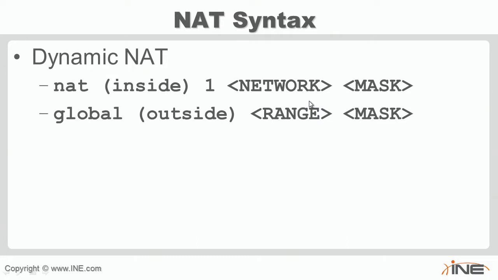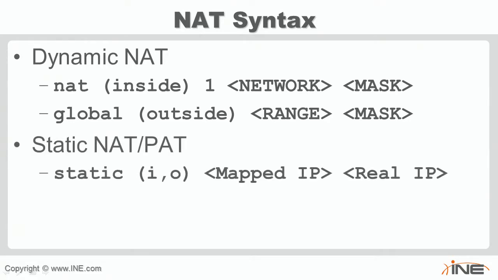Now for the static translation, the syntax can be a little bit confusing here, because we say we want to do a static translation from the source to the destination, followed by the public address or the mapped address to the real address.